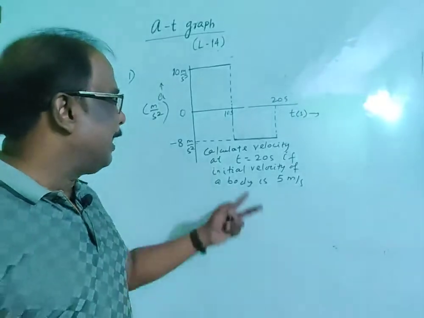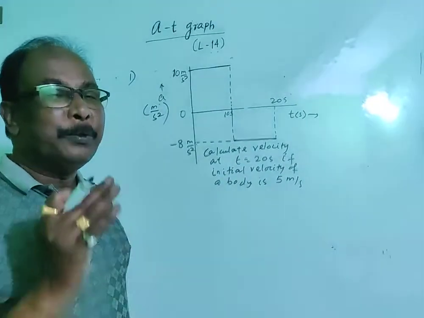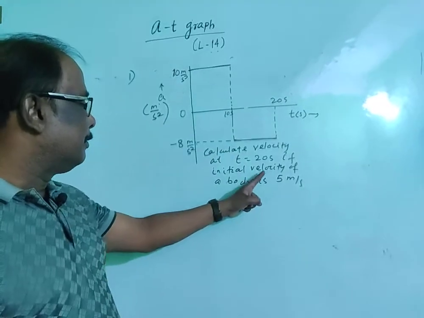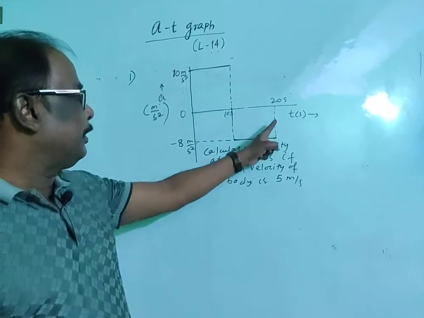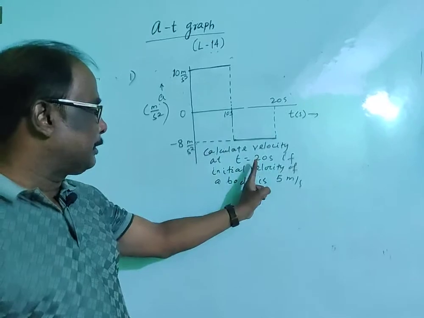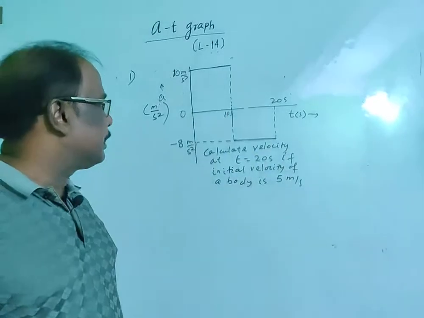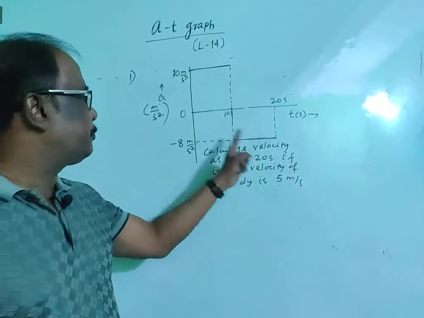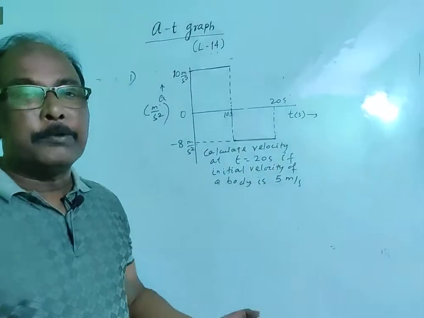Just the graph is given and the question is asked. By using the given graph, calculate the velocity at time 20 second if the initial velocity is 5 meter per second. Initial means when time is 0, velocity is 5 meter per second.